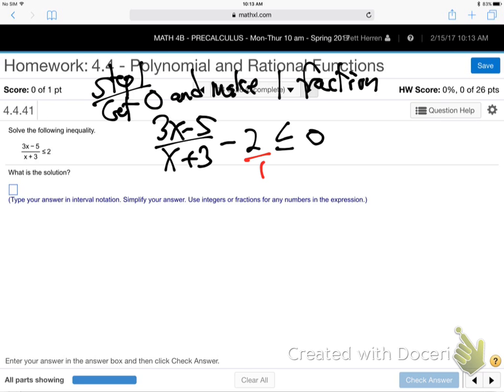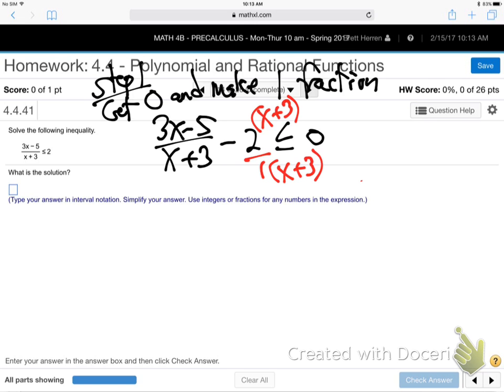I think you'll get more out of it if you try first. So make those a common denominator. You got to multiply top and bottom of that 2 over 1 by x plus 3, right? Everybody good with that?